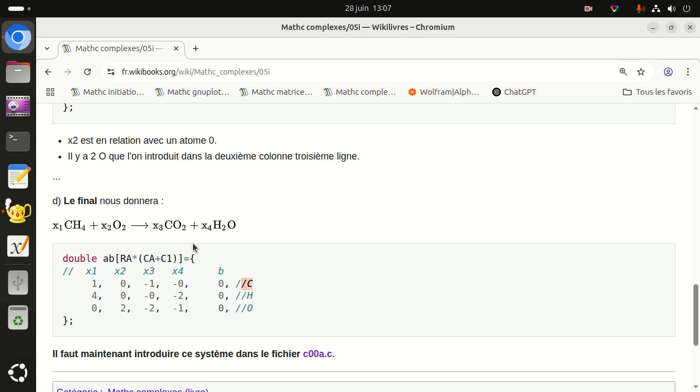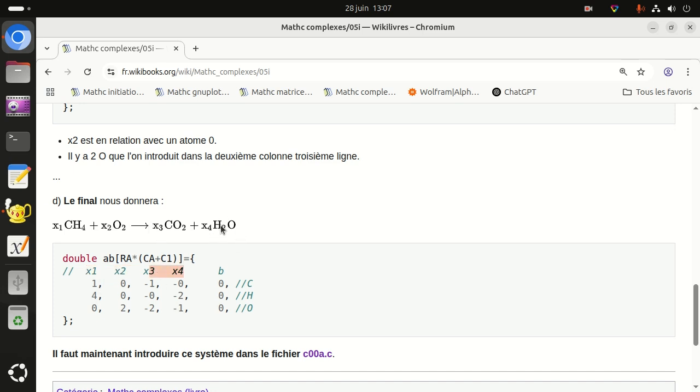Because I am on the right of my chemical equation, I must put a minus sign. I put a plus sign when I work with the left values, and a minus sign when I work with the right values.